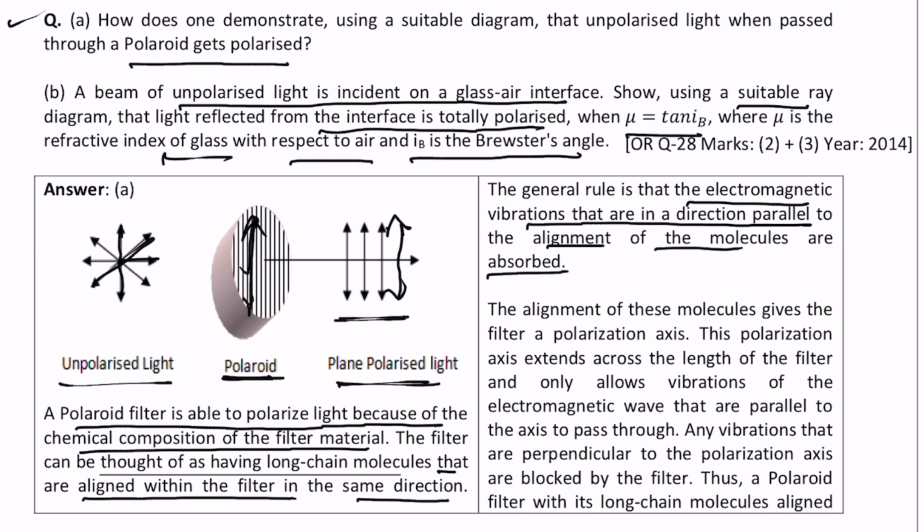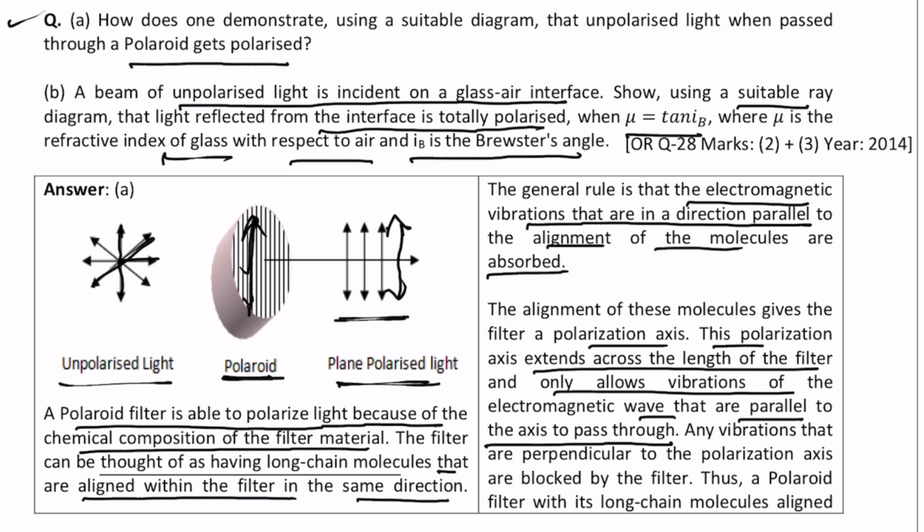Okay. The alignment of these molecules gives the filter a polarization axis. This polarization axis extends across the length of the filter and only allows vibrations of the electromagnetic wave that are parallel to the axis to pass through.